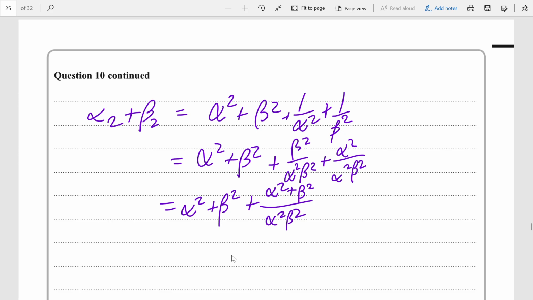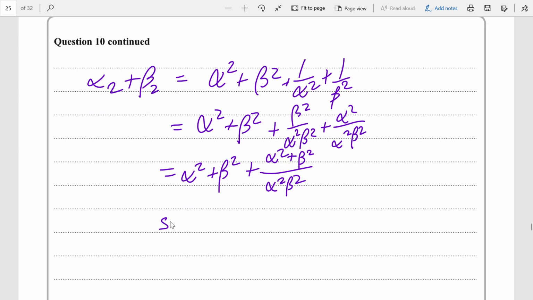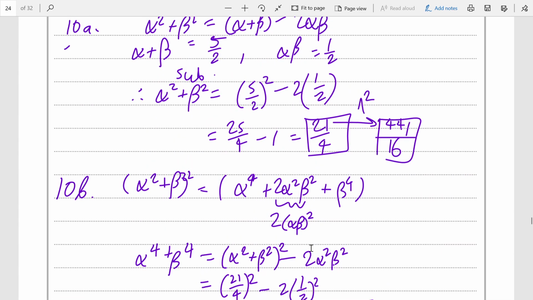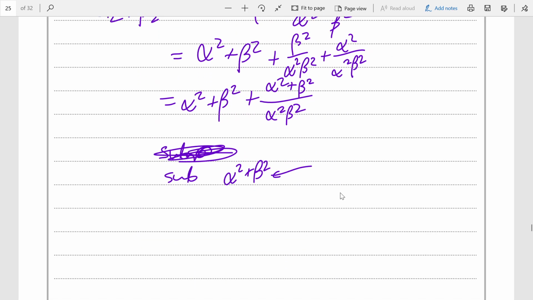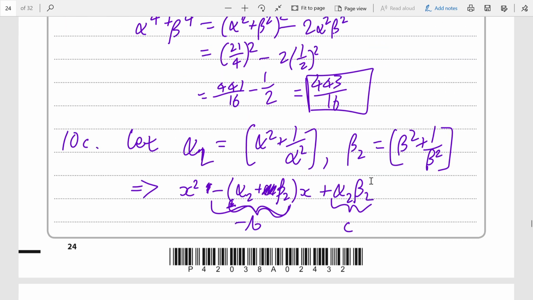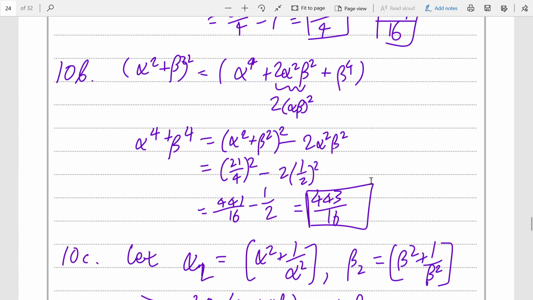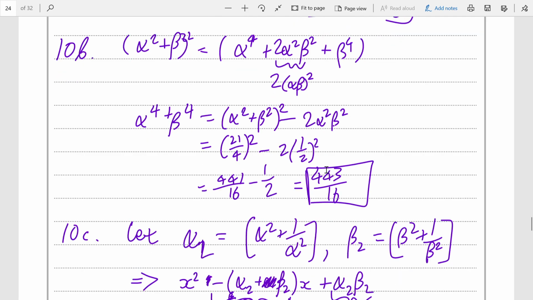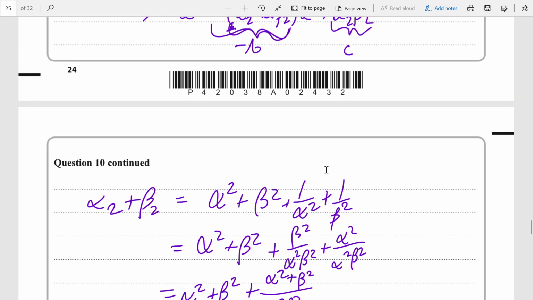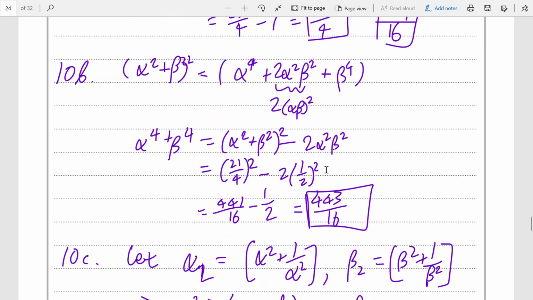So how can we evaluate this? We substitute the value of alpha squared plus beta squared, being, what was our value? 21 over 4. And that alpha squared beta squared, we worked this out already. It was 1 over 2 squared, which is 1 over 4, if I'm not mistaken.